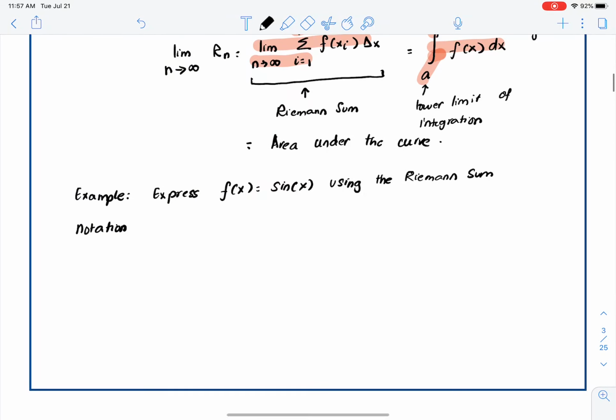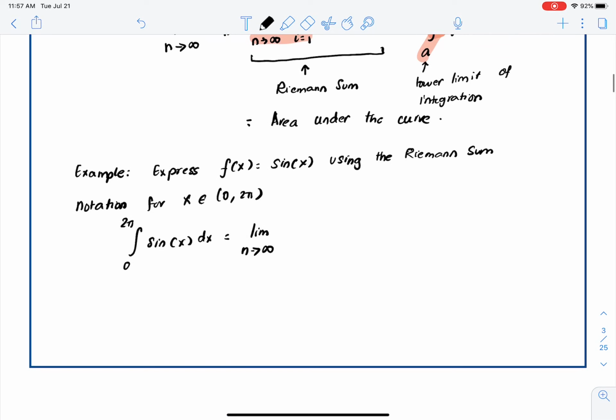So for x in 0 to 2 pi. So what we're trying to find is the integral from 0 to 2 pi of sine x dx, which is simply the limit as n approaches infinity, sum i equals 1 to n. What is f of x? Well, f of xi times delta x.